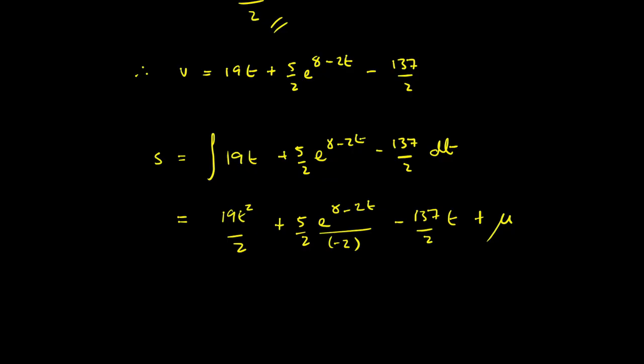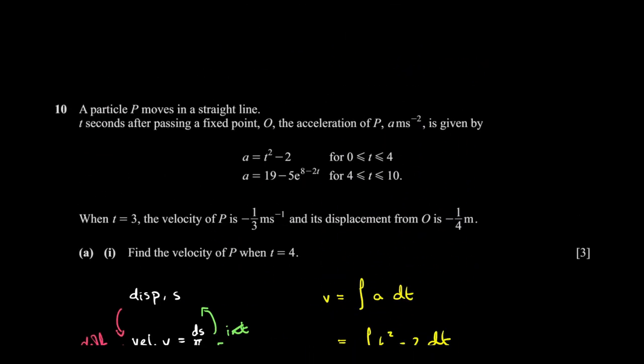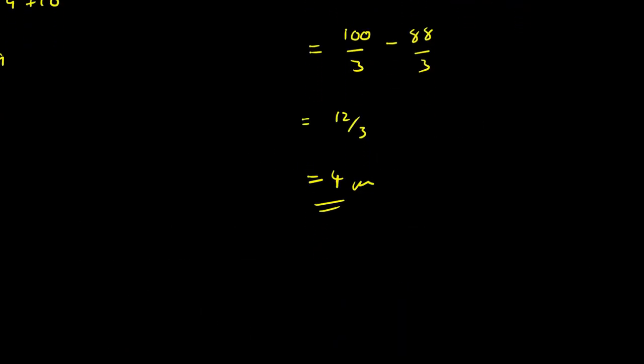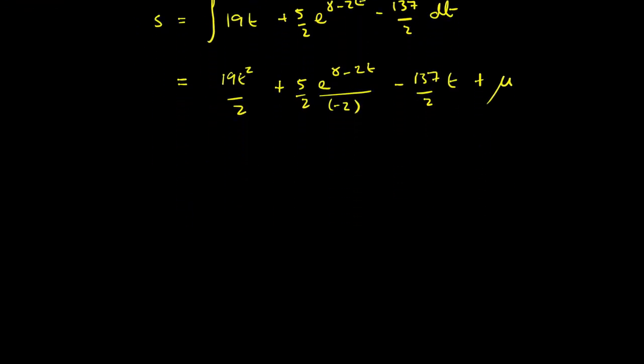And again, using a similar argument, at the point where we cross over from the domain 0 to 4 to this domain, the displacement must be the same. So we know that when t is equal to 4, from the previous question, the displacement is also equal to 4. So we can write down when t is 4, displacement s is equal to 4, because we already calculated that.